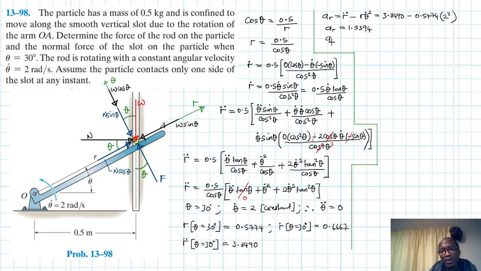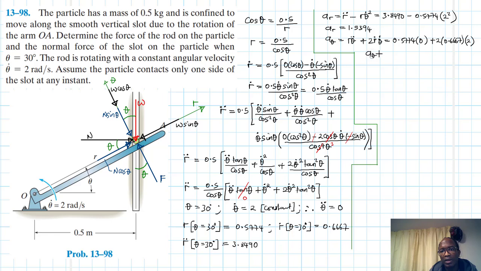So this is 1.5394. Then we have A theta, which is R theta double dot plus 2 R dot theta dot. This is equal to R, which is 0.5774, times theta double dot, which is 0, plus 2 R dot, which is 0.6667, by theta dot, which is 2.